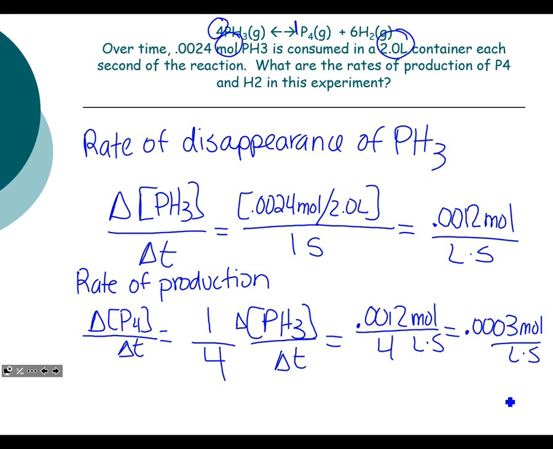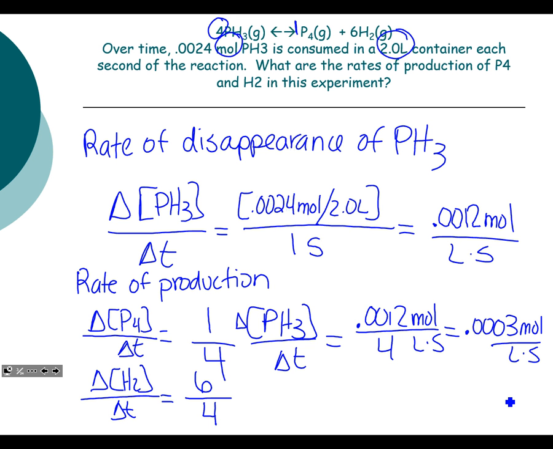Now, we wanted to do the same thing for our hydrogen. And our hydrogen, if you look at it, for every 4 pH 3 we use, we actually produce 6 hydrogens. So same thing, we have our hydrogen coming up with its rate of production. And this time, we make 6 hydrogens for every 4 pH 3 that we consume.